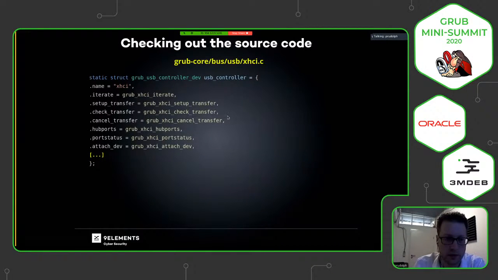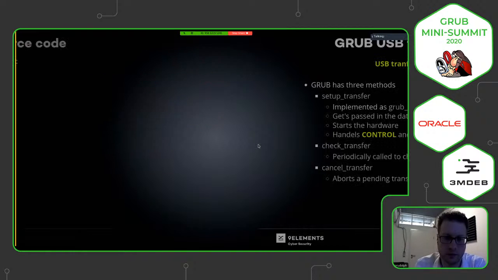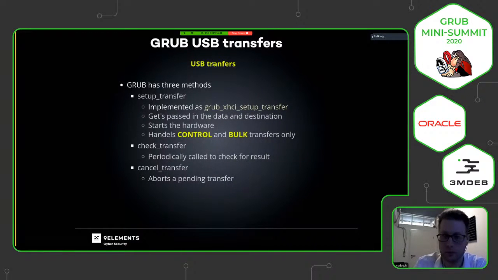So then again, if you look at the code, there are other essential functions, that is setup transfer, check transfer, and cancel transfer. And as you can guess, the transfer functions are used to transfer or communicate with the USB device. To be precise, it allows you to communicate with the endpoints. So the setup transfer function is implemented by GRUB xHCI setup transfer.